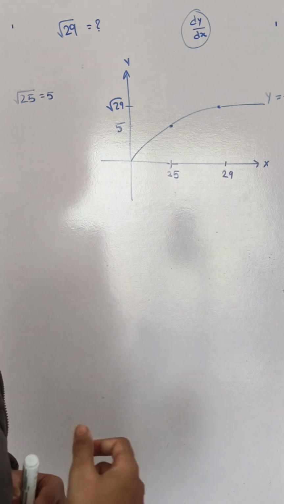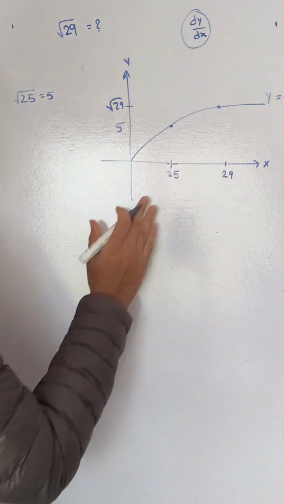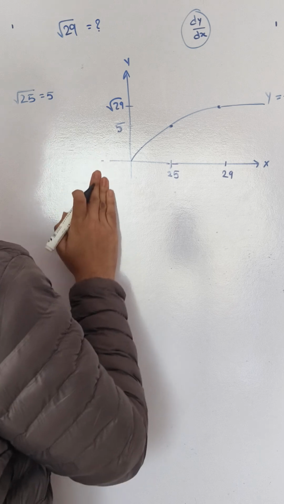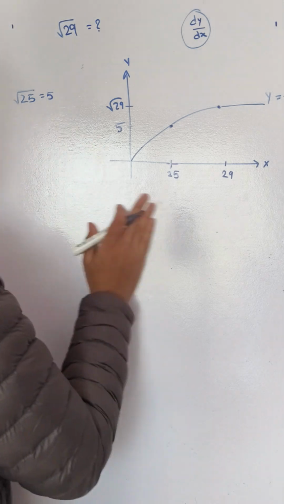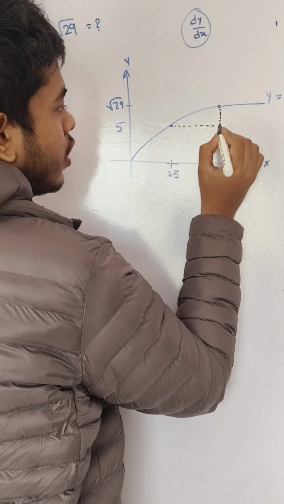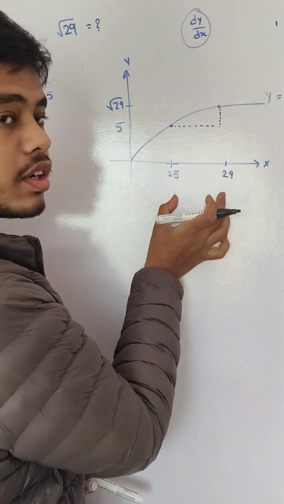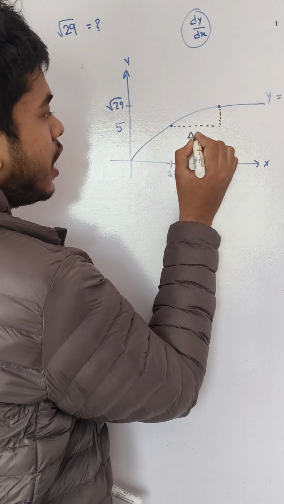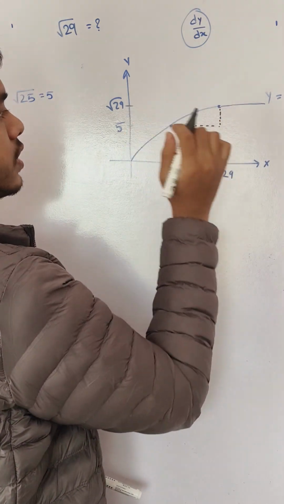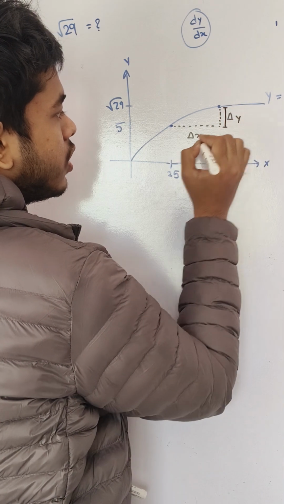Now how to calculate? Tell me, this is the difference between the 2 points. So this is del x and this is the difference in y. This is del y, from here to here.